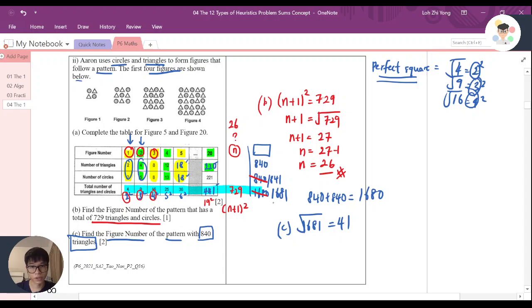I know this is 41 squared, but this is not the answer, right? We still need to minus 1 to get 40. Why minus 1? Look at here. If this is 6, this is 5; if this is 5, this is 4. If this is 41, for sure here will be 40. That's why the answer is figure number 40.